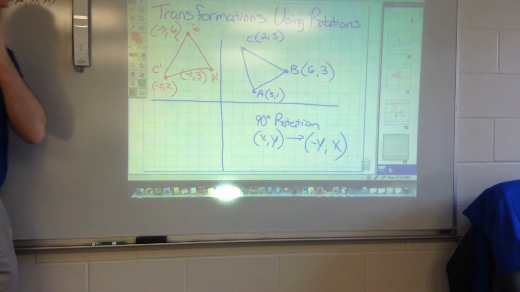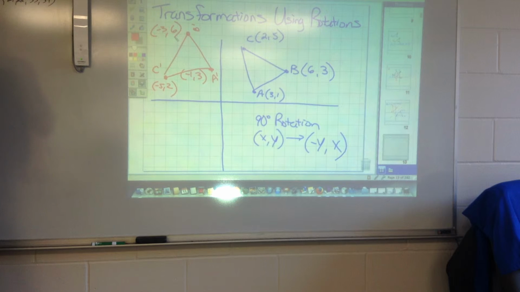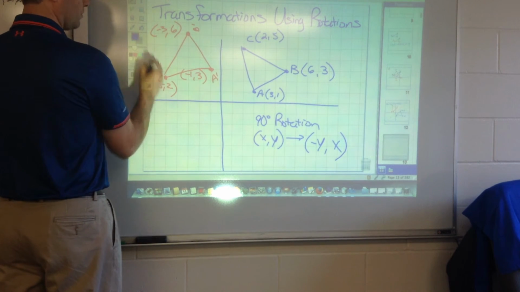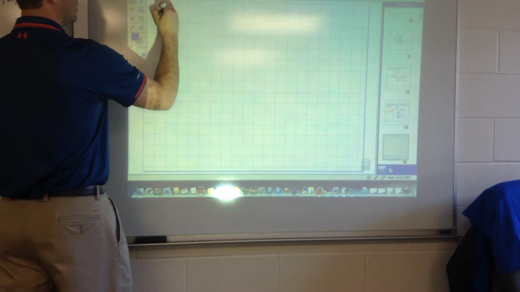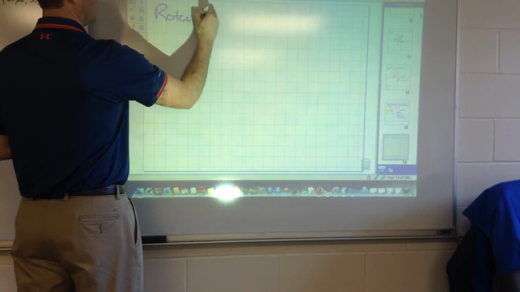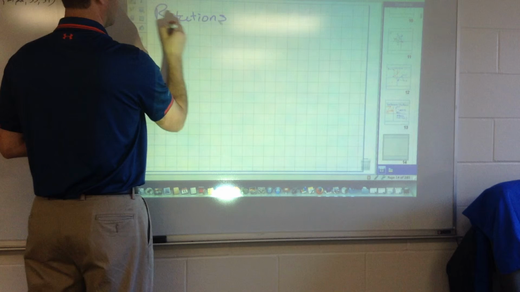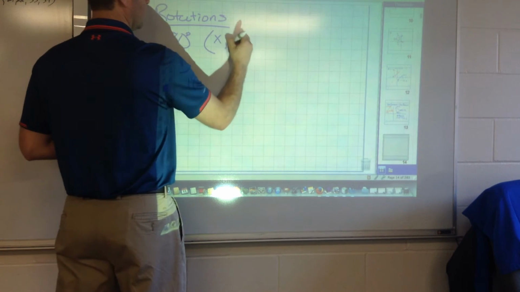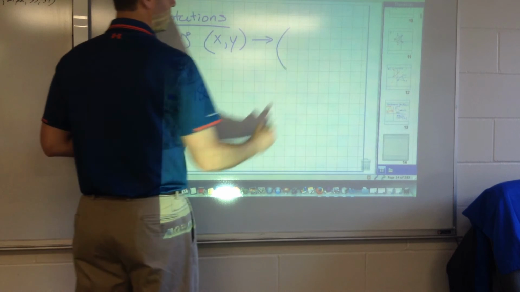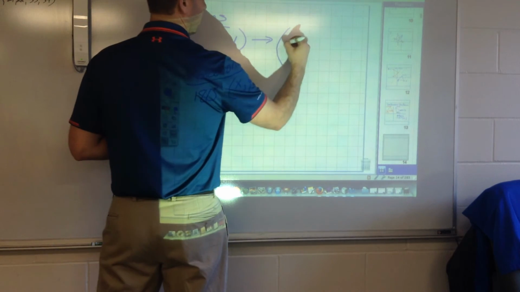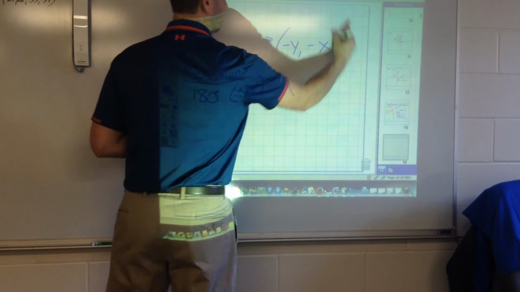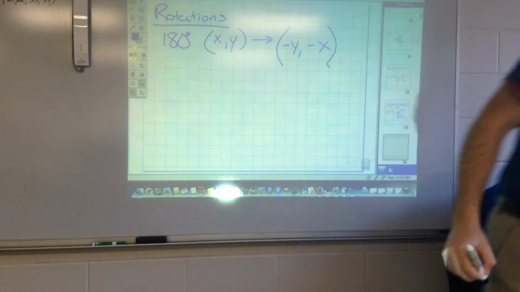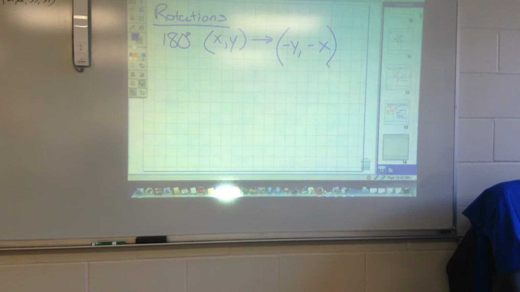Okay, so that's rotations. I'm going to give you the rules for the 180 and 270. A 180-degree rotation, your XY values, I believe, I gotta visually see it, but I think they switch spots and switch signs.